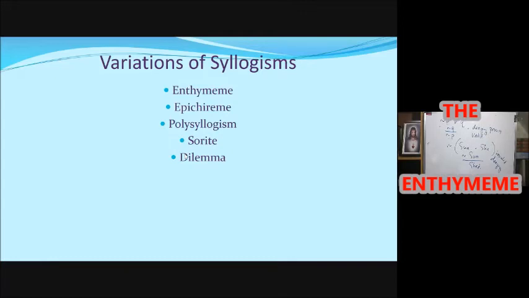But aside from these two basic standard forms, there are other varieties or variations of the syllogisms. You can see here in the PowerPoint that, aside from the categorical and the hypothetical, there are the enthymeme, the epicheireme, the polysyllogism, the sorites, and the dilemma.